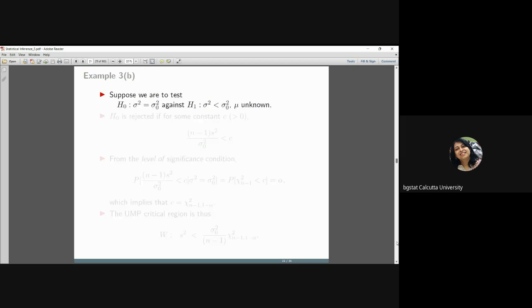If we want to do a left tail test, this would say that the variability is some pre-specified sigma naught squared against the alternative that it is less than sigma naught squared.